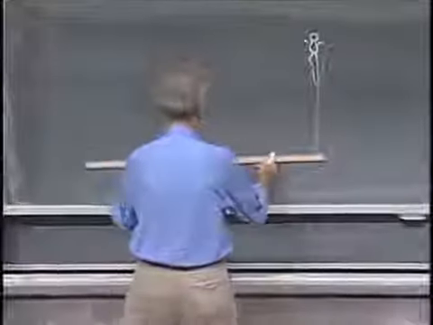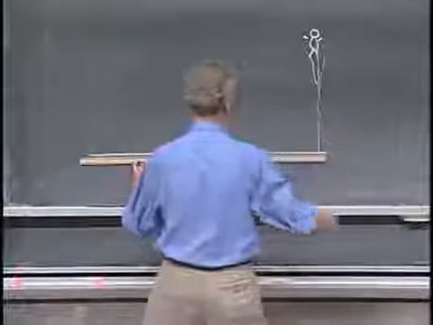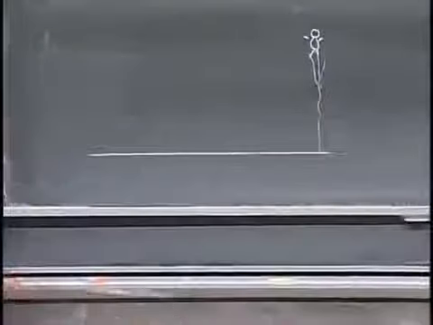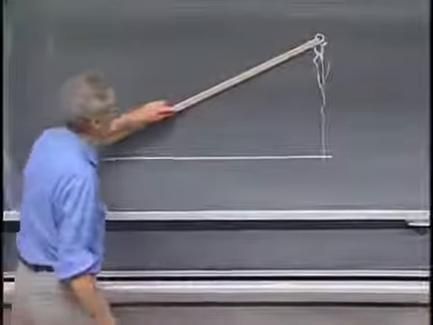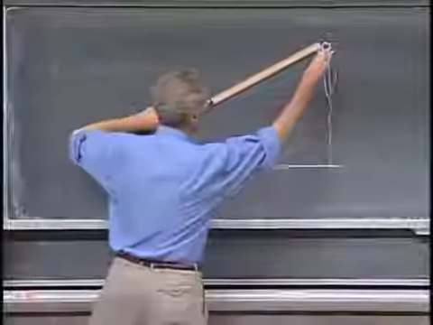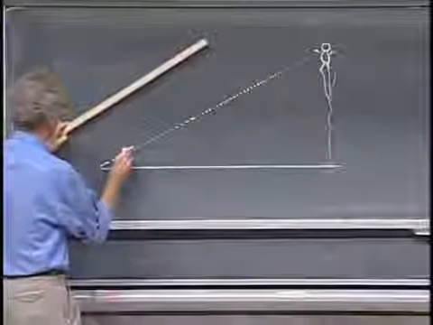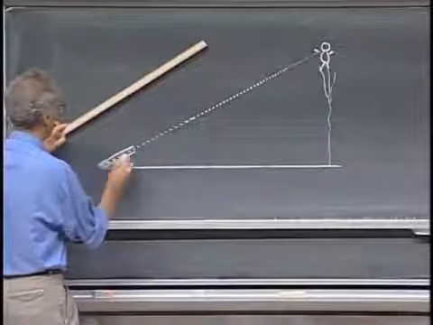And here is a hunter who never took 8.01, and he has a gun which is a golf ball gun, and he aims that gun right at the monkey.